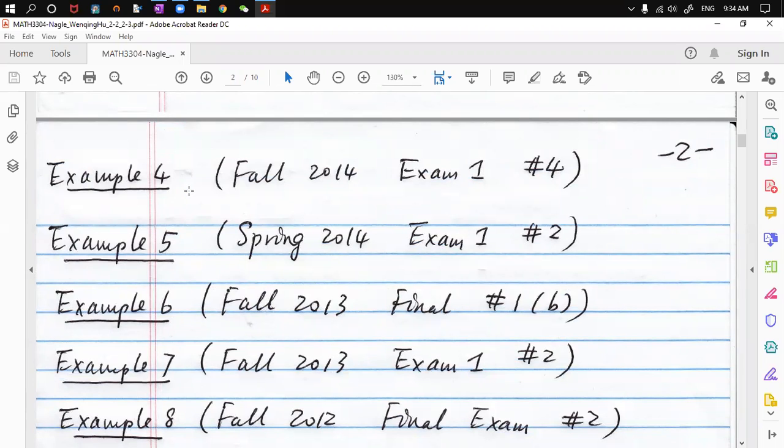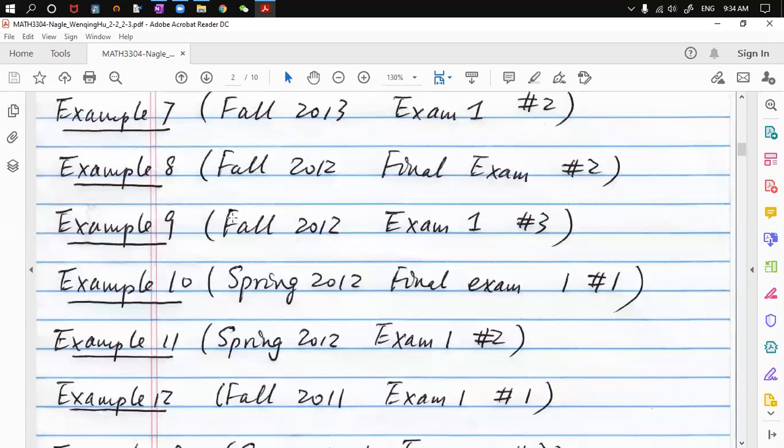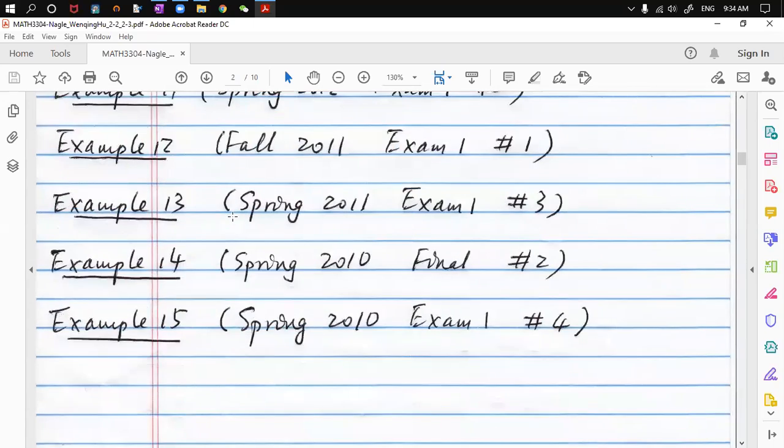Some people were asking how to find those formal exam problems. Please go to Canvas, click all courses, and then browse more courses. You'll be able to see all the exams, and a page called Student Resources for 3304, where you find all these problems.